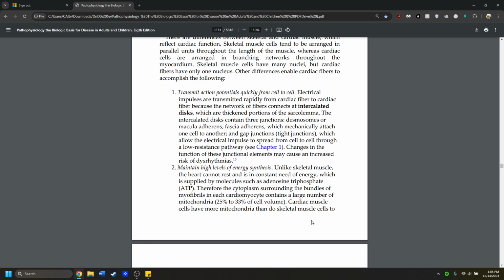The intercalated discs contain three junctions: your desmosomes, or macula adherens, your fascia adherens, which mechanically attach one cell to another, and the gap junctions, or tight junctions, which allow the electrical impulses to spread from cell to cell through a low resistance pathway. Changes in the function of these junctional elements may cause an increased risk for dysrhythmias.